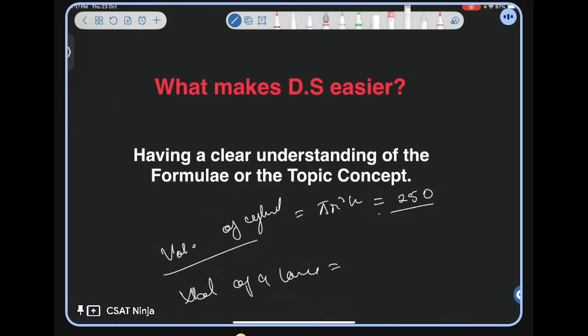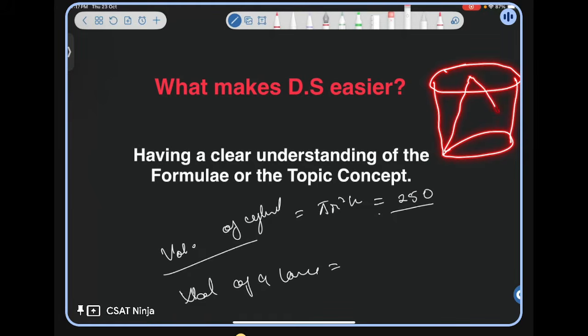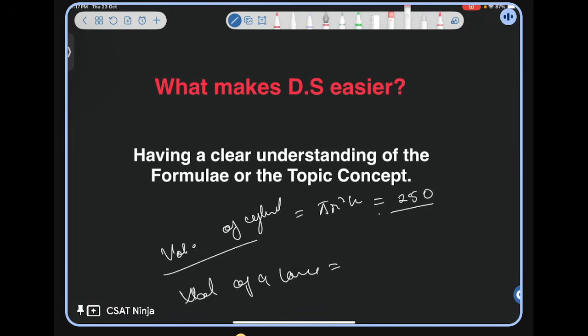How? If you have a cylinder like this, and I have a cone like this, and the question says that the radius and the height of the cone are the same as the cylinder, then we just use the formula like this. We know the volume of a cone is 1 by 3 pi r square h.